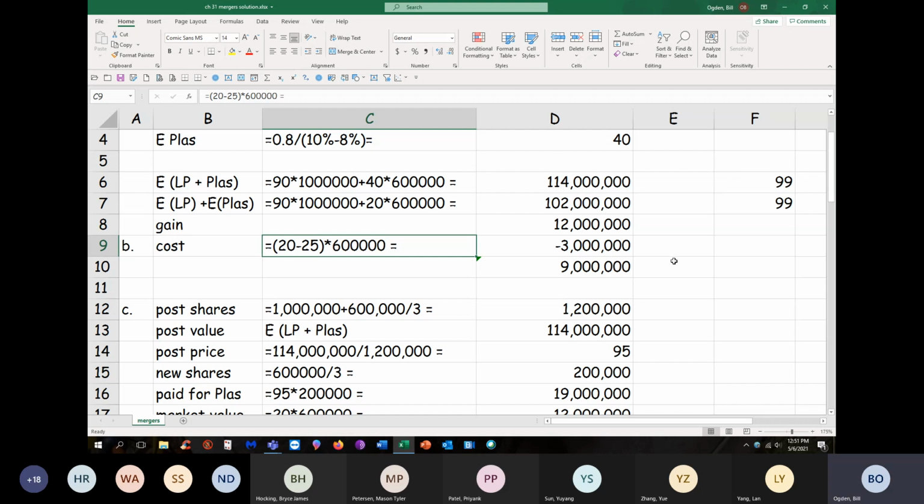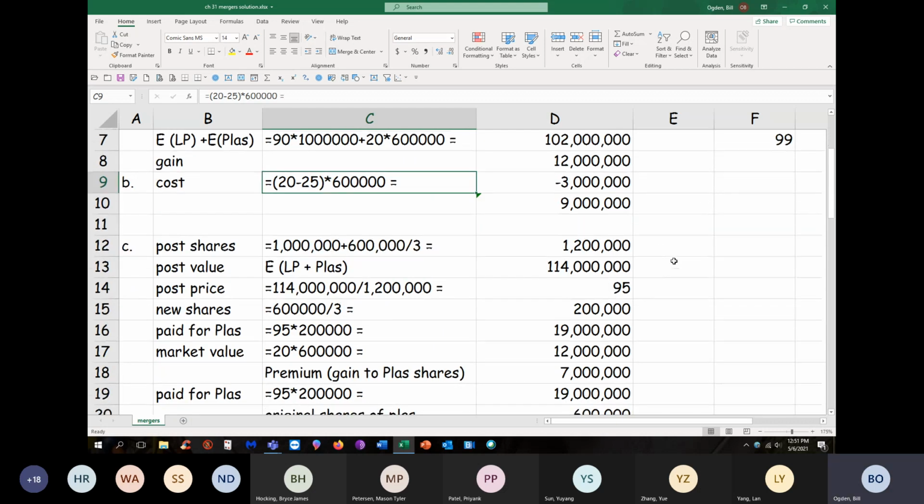All right, then we're going to do a 1-for-3 share offer. So if you have 3 shares of Plastitoys, after the merger, you will have 1 share of Leisure Products. All right. So post shares, you'll start with 1 million, and then we will authorize an additional 600,000 of the PLAS shares divided by 3.